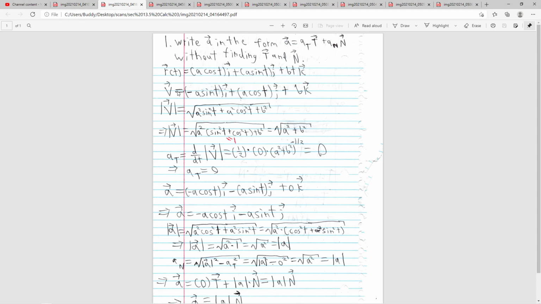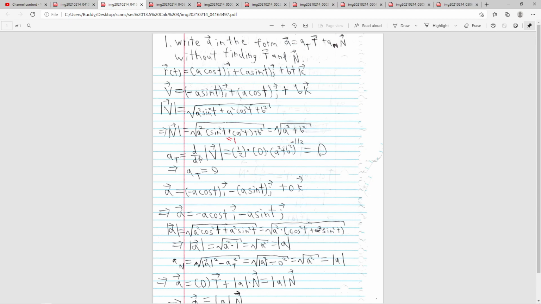The derivative of this, v, is negative a sine t i plus a cosine t j plus b k. The magnitude of that, you square this and square that and square that: the square root of a squared sine squared t plus a squared cosine squared t plus b squared. If you simplify that, you can take out a squared and you have sine squared plus cosine squared, which is equal to 1. So this all becomes the square root of a squared plus b squared.